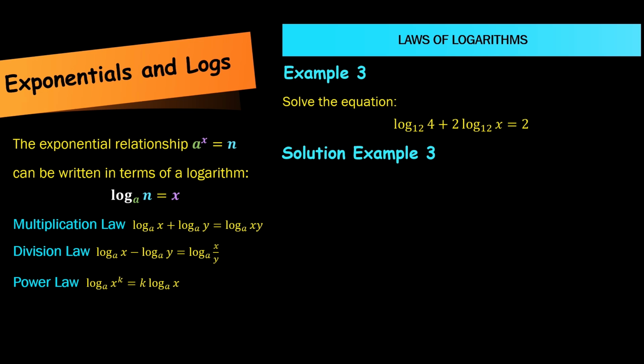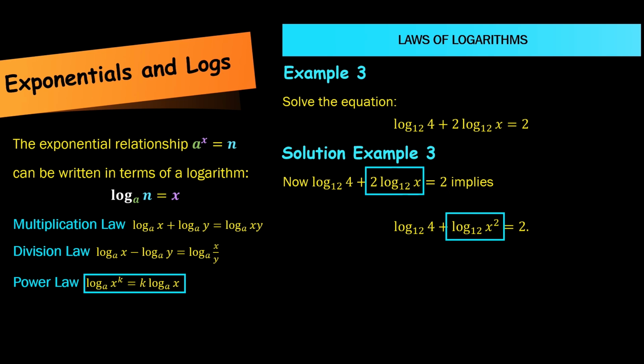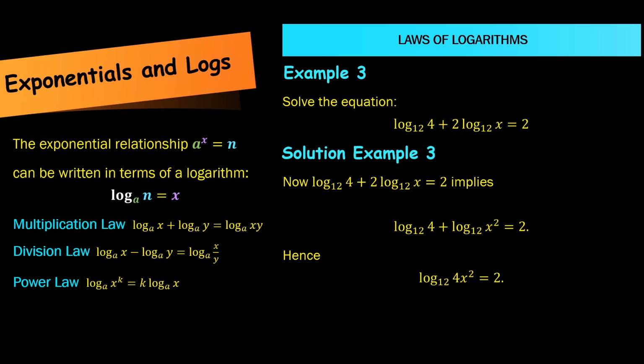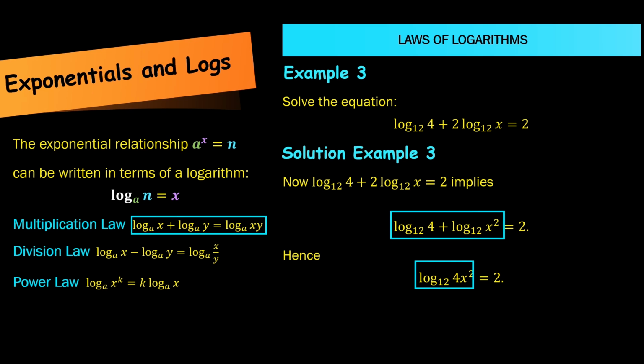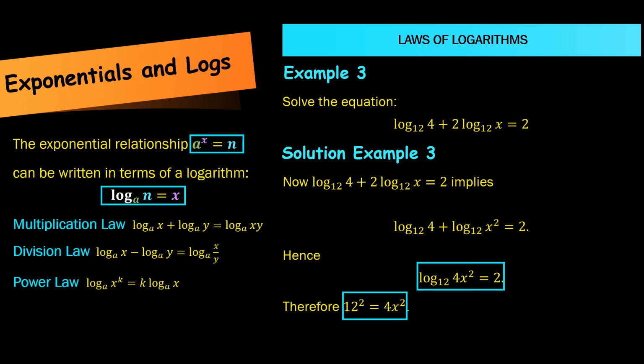Let's solve this. We are required to solve log 4 base 12 plus 2 log x base 12 equals 2. Let's rearrange, firstly by applying the power law to the second term, here, and then the multiplication law, as shown here, and then re-express this log in terms of powers, as shown.